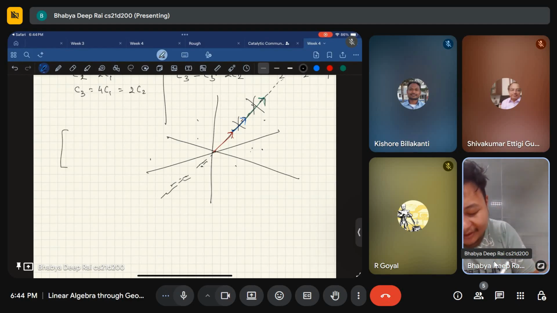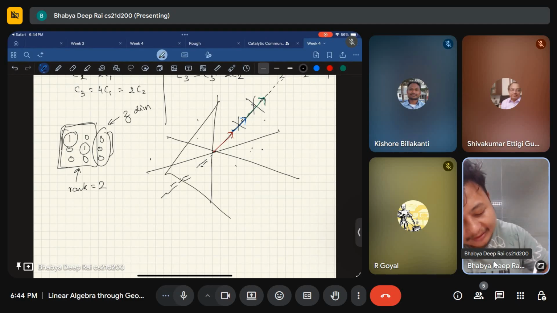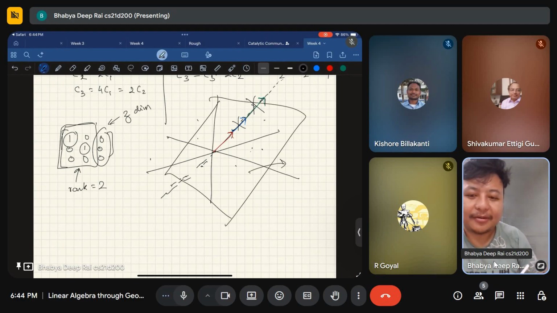For example, if your matrix had become 1 0 0, 0 1 0, and then all zeros, what is the rank here? Rank is 2, and it has 2 pivot elements, meaning along the z dimension those vectors cannot travel at all. They can travel only on a plane, and cannot go outside the plane.